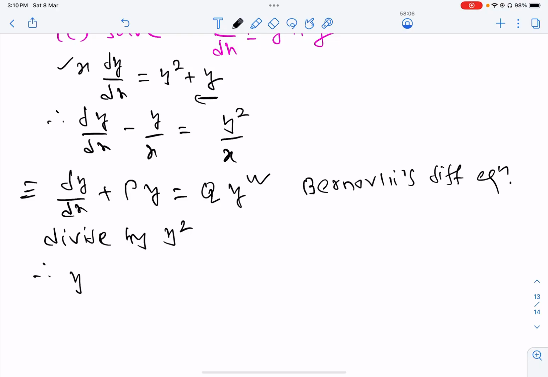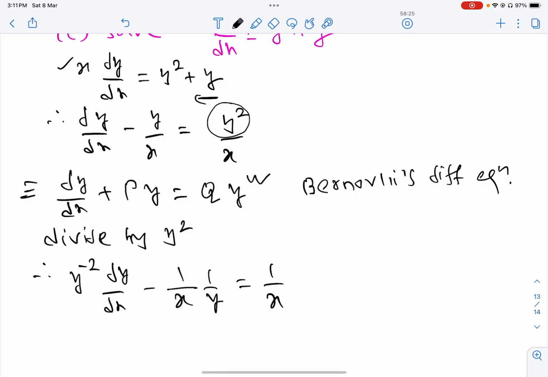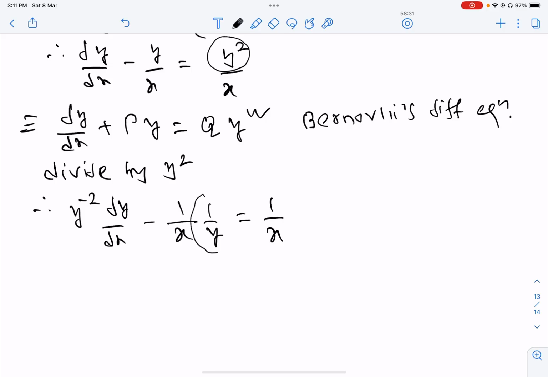So therefore it is y power minus 2 dy by dx, then minus 1 upon x times 1 upon y is equal to 1 upon x. Now take this as v. So assume, consider v equal to minus 1 by y.